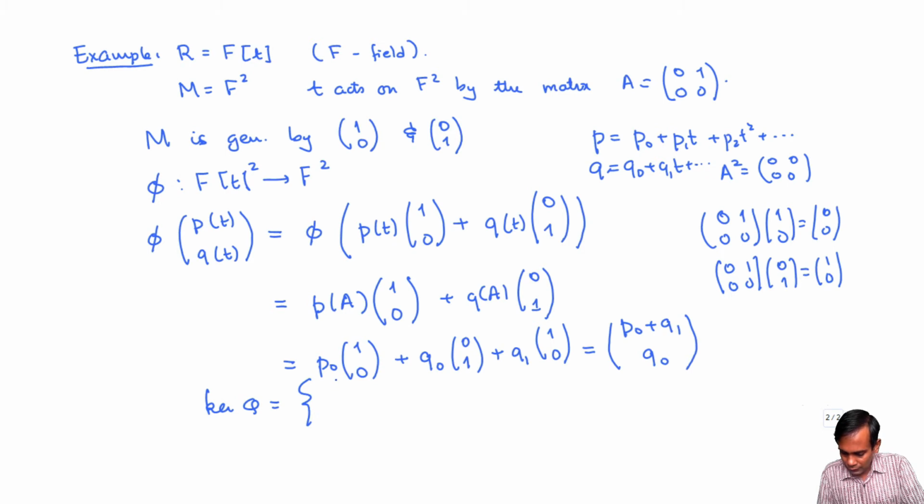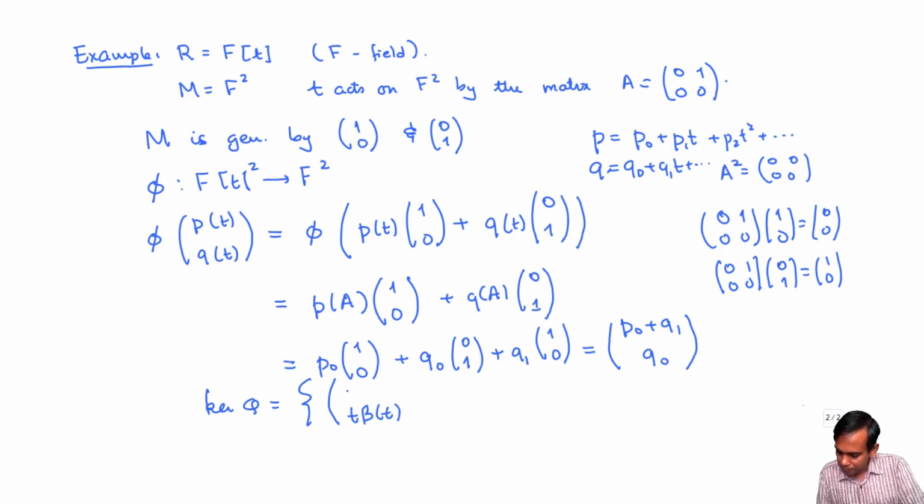So let's just start with that, the kernel of phi. Firstly what we have is that the q polynomial is t times some other polynomial, let's say t times beta(t). And then what we have is that the constant term of p, p0, is the negative of the first term of q, q1, which is the constant term of beta.